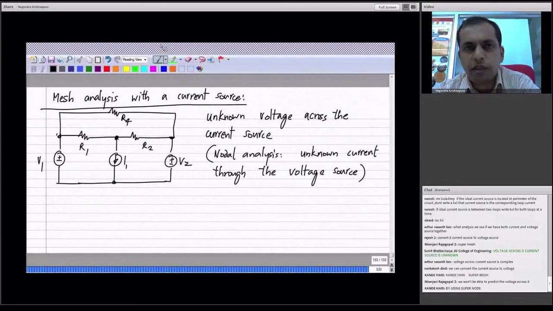So my question is, when we had nodal analysis with voltage sources, what did we do? We don't know the current through it, so what did we do?